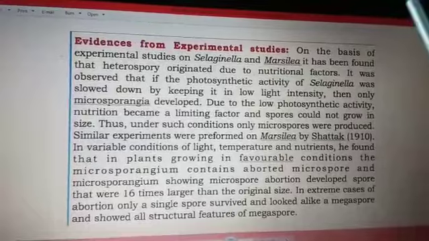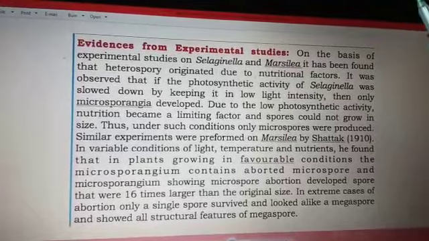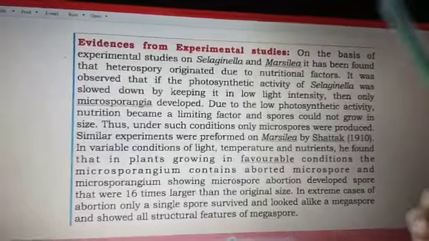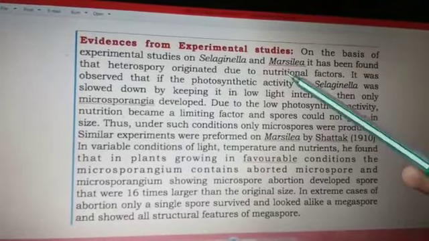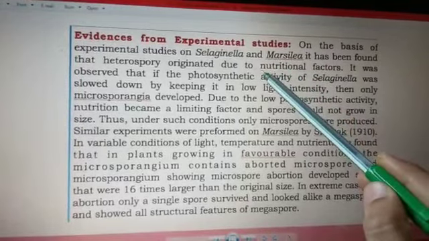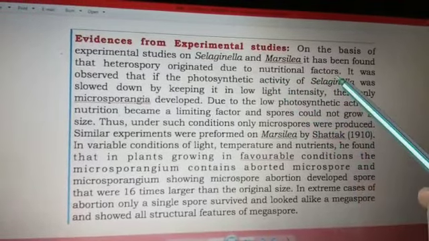That was because these megaspores developed by consuming the extra nutrients which became available when the degeneration of the microspores took place, leading to the formation of one megaspore. Again, that is the same factor, the nutritional factor.